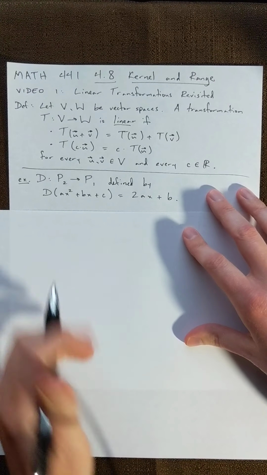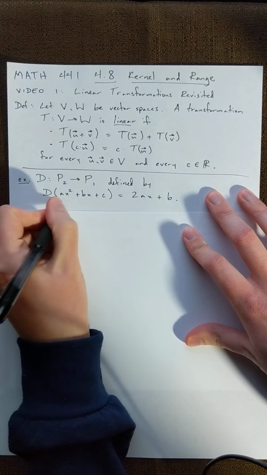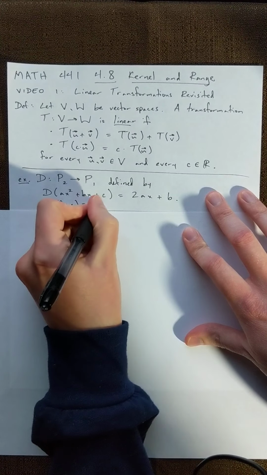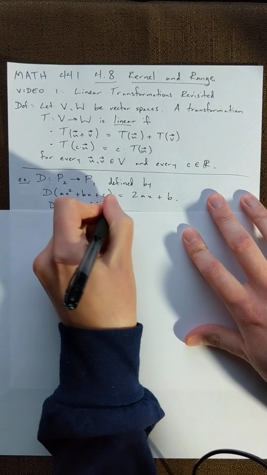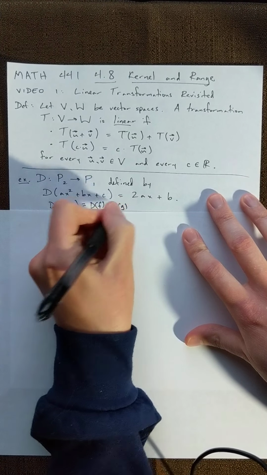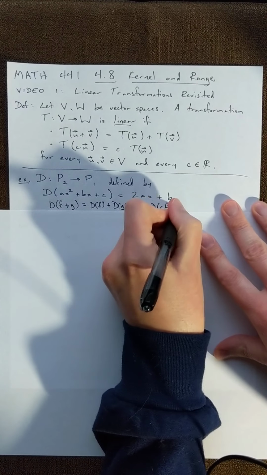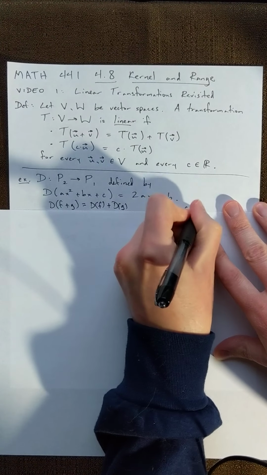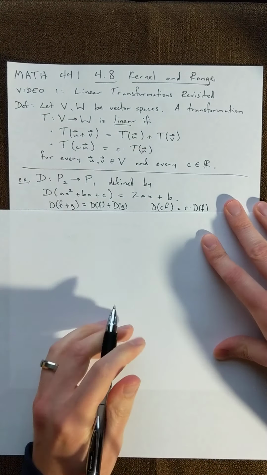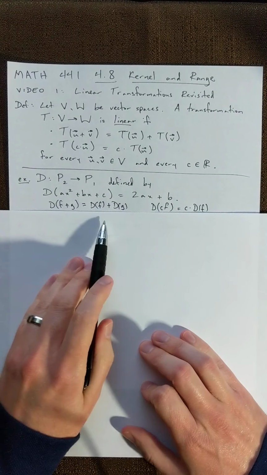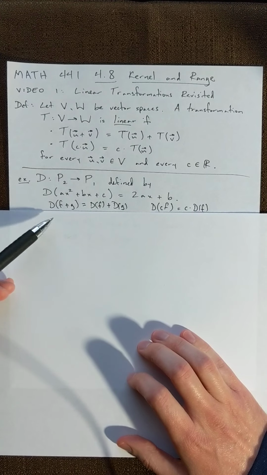Or in other words, the derivative of f plus g should be the same as the derivative of f plus the derivative of g. And same thing for constants. The derivative of a constant times a function should be the same as a constant times the derivative of the function. Same thing is also true for integrals, but at least this example is for sure going to be a linear transformation.